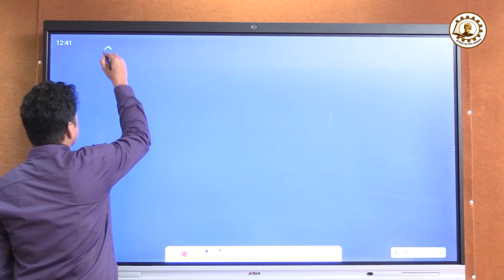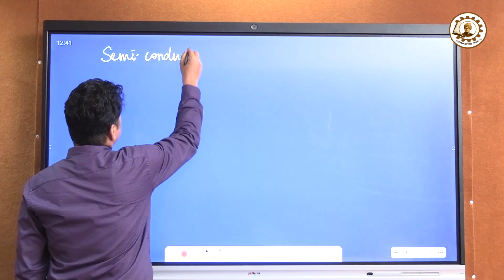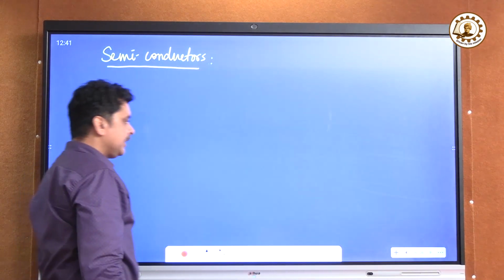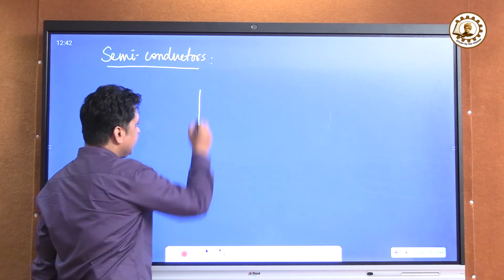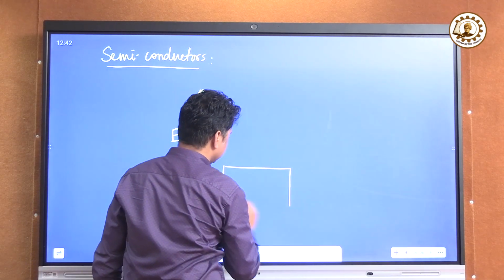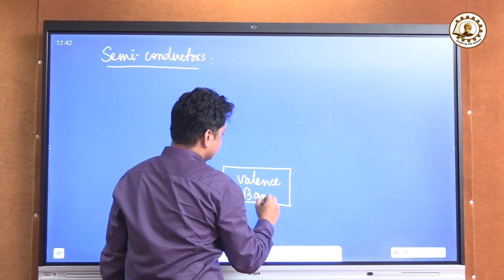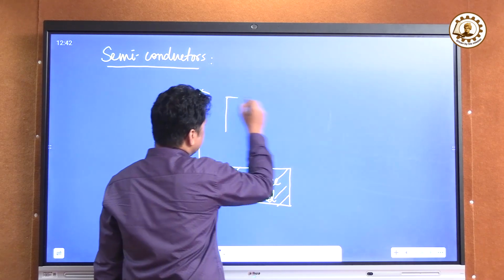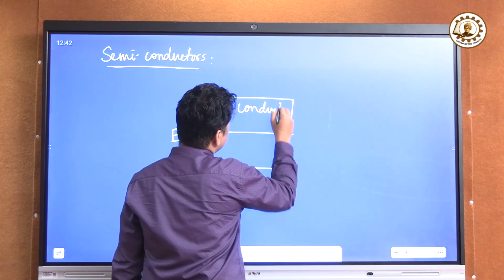It is about semiconductors. From the name itself we can understand there is some extent of electrical conductivity in this type of solids. Here, if this is the energy axis, this is your valence band, and the conduction band is here, and the band gap we can easily observe from the diagram itself.